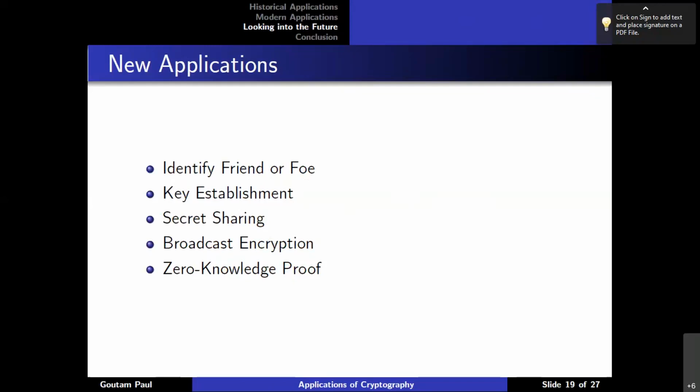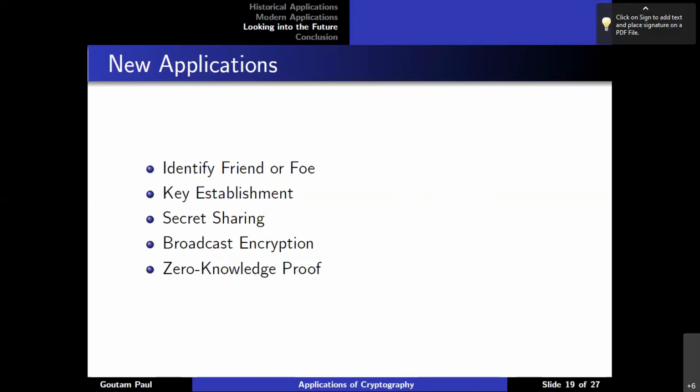Though the sender is broadcasting and theoretically any receiver has access to the message, only the intended recipient can decipher it. There may be 10 million receivers receiving the message, but only 3 receivers I am targeting should be able to decipher it, and the rest cannot. So that is the goal of broadcast encryption.